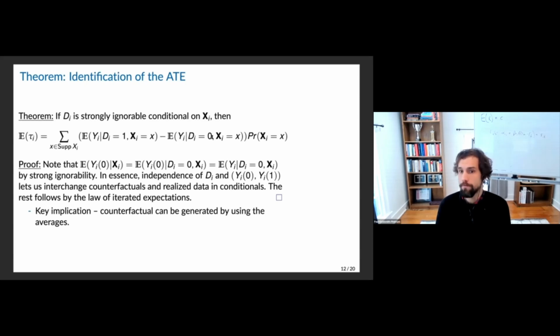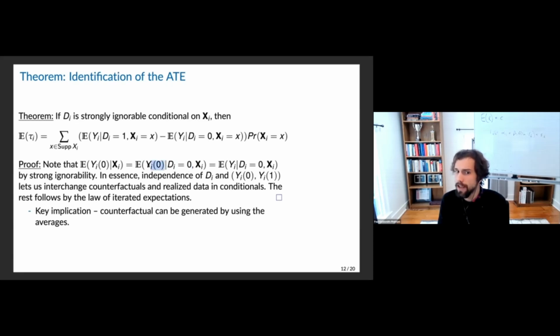Basically, this all comes from the fact that the expectation of yi0 is the same thing as the expectation of yi0 conditional on di equals 0.